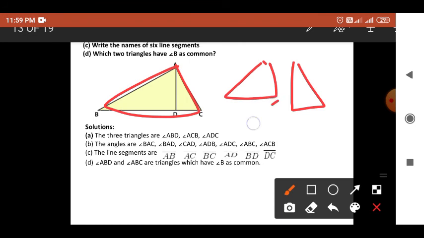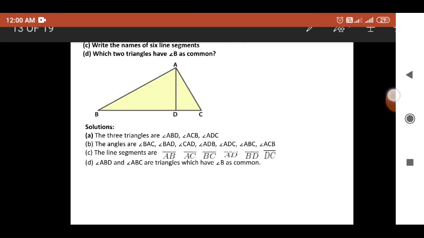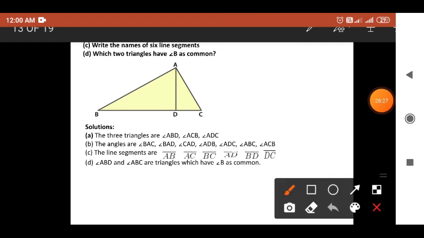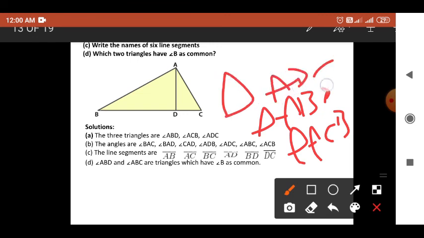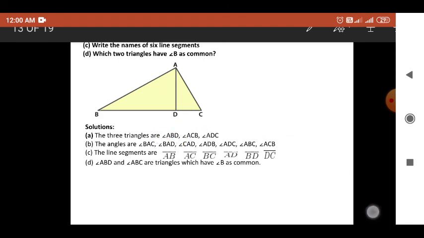There are three triangles. You have to write triangle ABD, triangle ACB, triangle ADC. This is the symbol for a triangle, a small triangle.